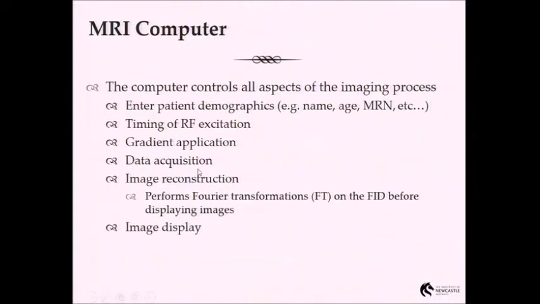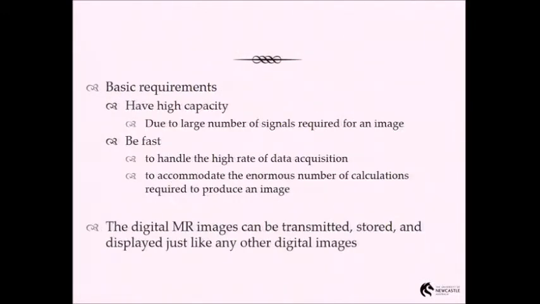The computer does the image reconstruction, and it does that by performing a Fourier transform on the signal that comes back. And I think from memory that's in the next lecture. It's also there to display all of the images. Basic requirements: it's going to get a lot of data thrown at it at a very fast rate, so it needs to be able to do a high number of calculations to reconstruct the images in a timely fashion. It also stores the images, displays them, and transports them onto the PACS.